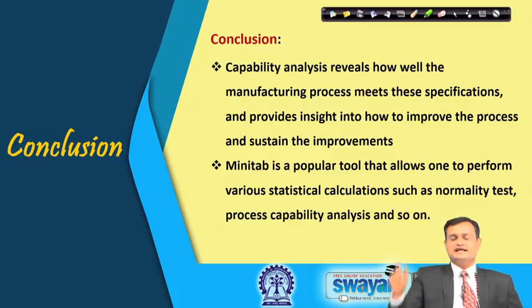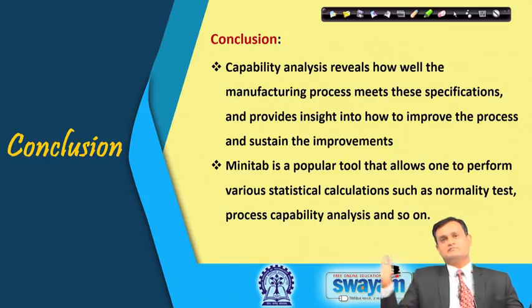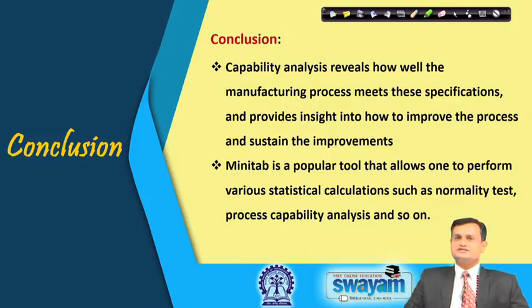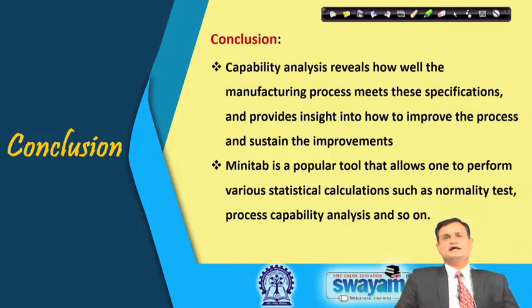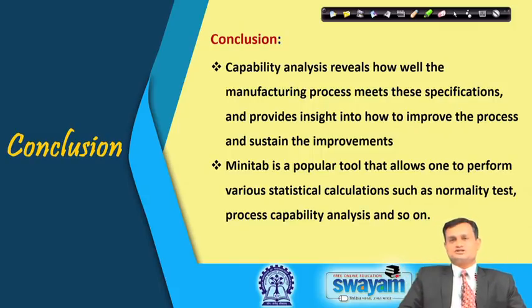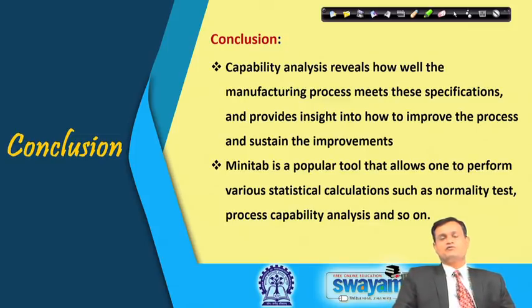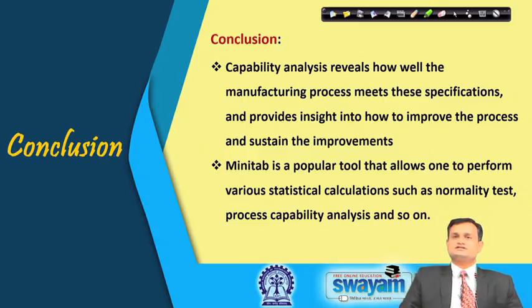Capability analysis reveals how well the manufacturing process meets the specifications and provides insight into how to improve the process and sustain the improvement, and Minitab is a popular tool which allows one to perform various statistical calculations such as normality test, non-normal process capability, and so on.